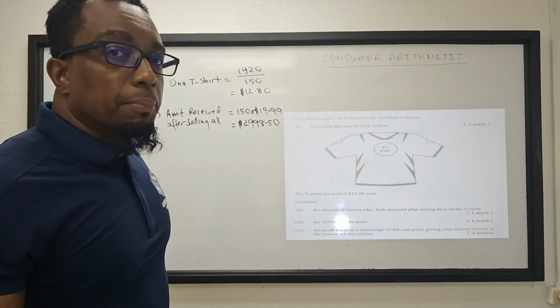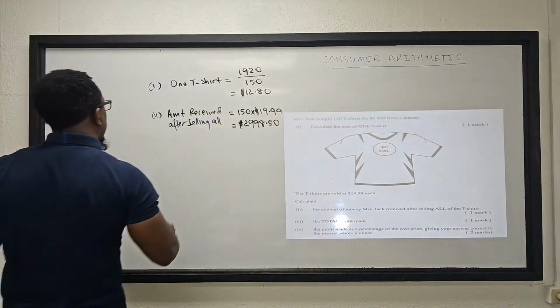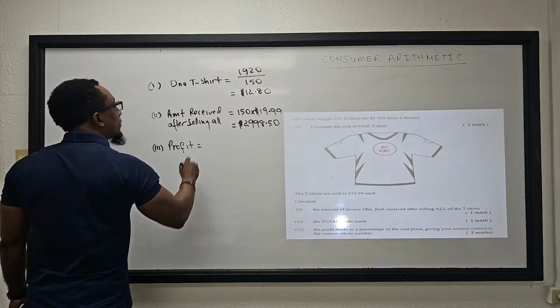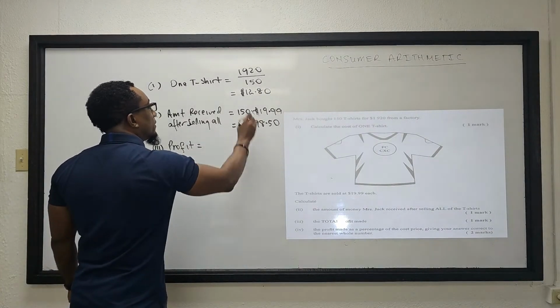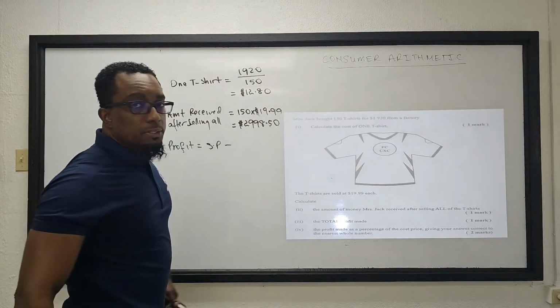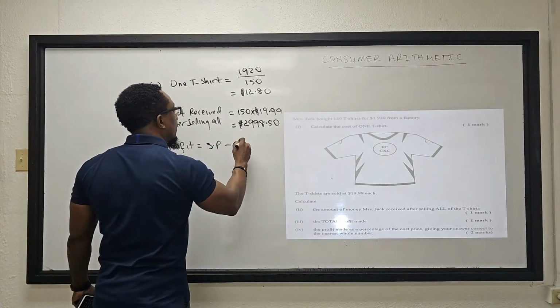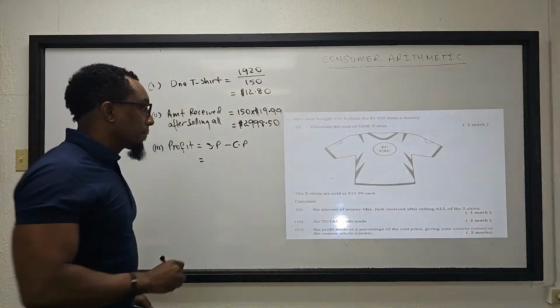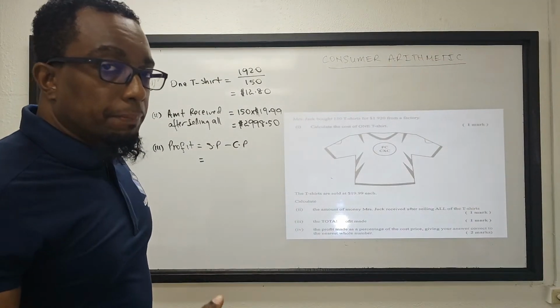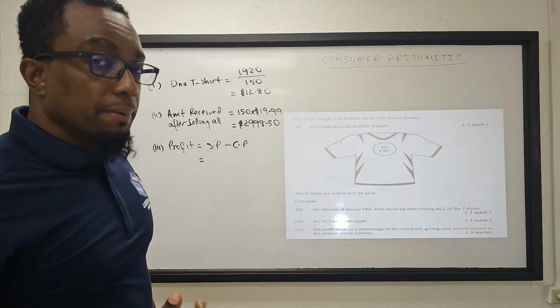And what's the total profit made? So part 3, the profit will be the selling price minus the cost price. We sold it for more than what we purchased it for initially, so obviously we're going to make a profit.